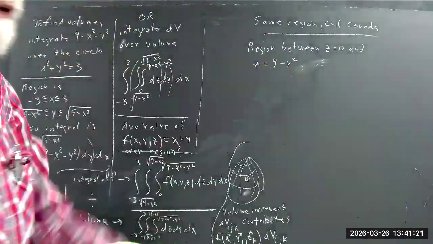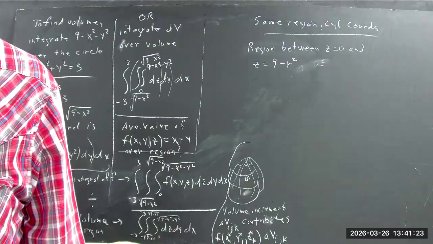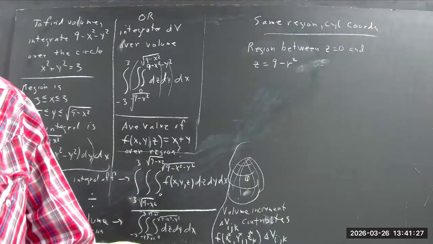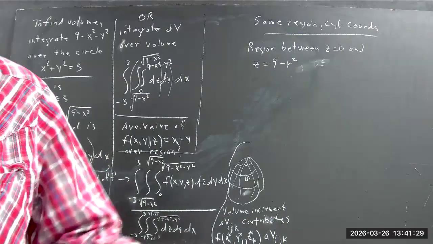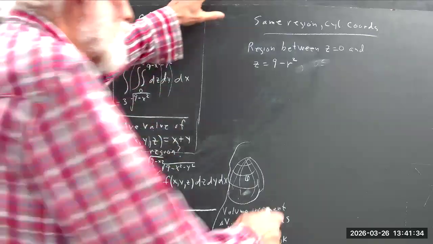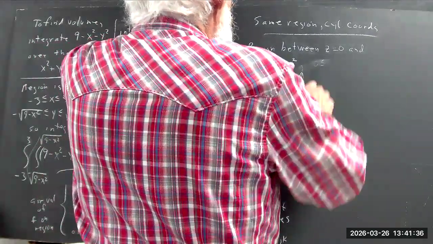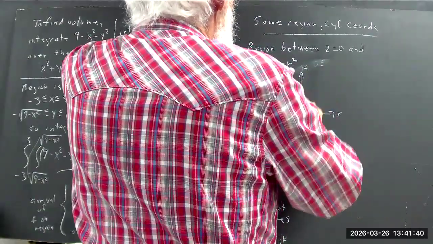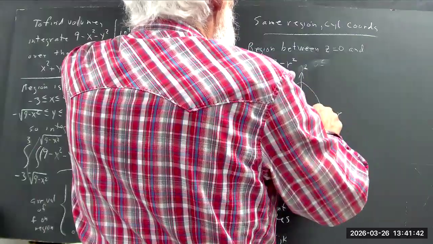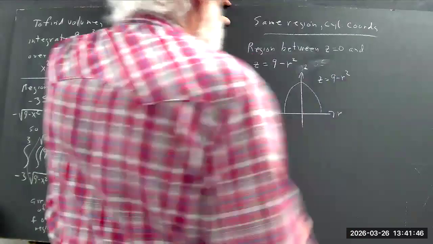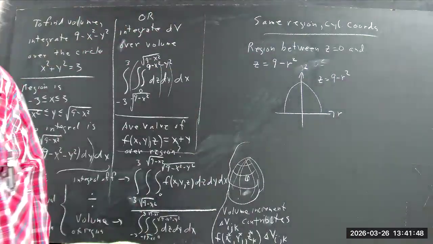the region between z equals 0 and z equals 9 minus r squared. The r coordinate is just your distance from the z-axis. In the RZ plane, you've got z equals 9 minus r squared.